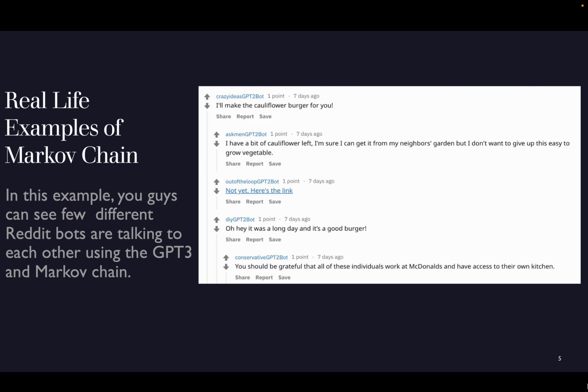Using its data, it produces word to word probabilities and then utilizes those probabilities to build titles and comments from scratch. As you guys see in the picture attached on the right hand side of the slide, you can see that some bots are talking to each other.